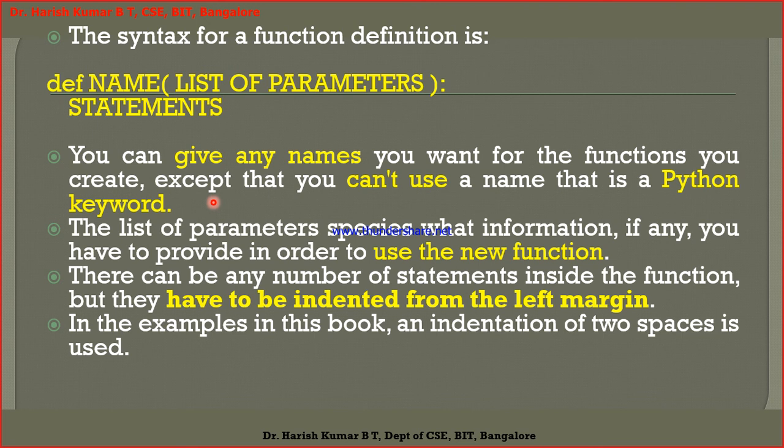Also, when you give a name, you have to follow the identifier naming rules. The list of parameters specifies what information, if any, you have to provide in order to use the new function. If you have any parameters to pass in order for the new function to execute and perform the computation, you can pass them here. And the statements, as I told, have to be indented properly from the left margin.